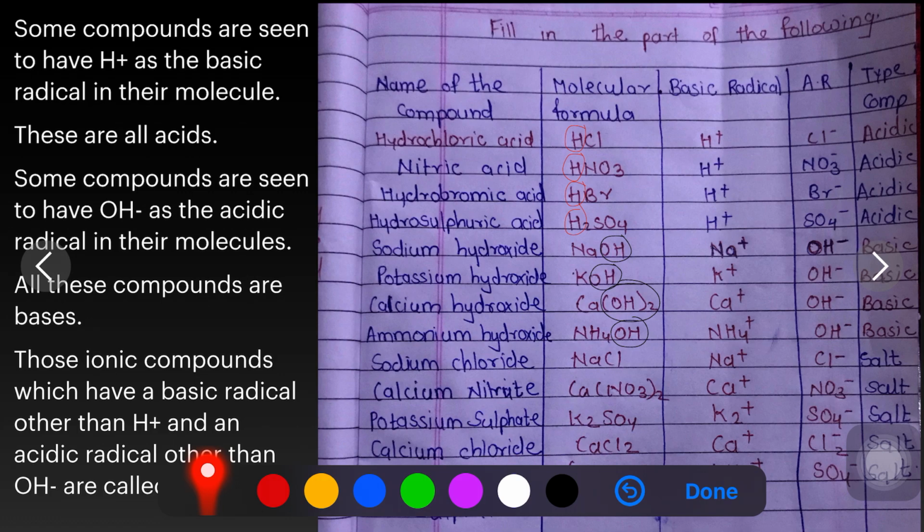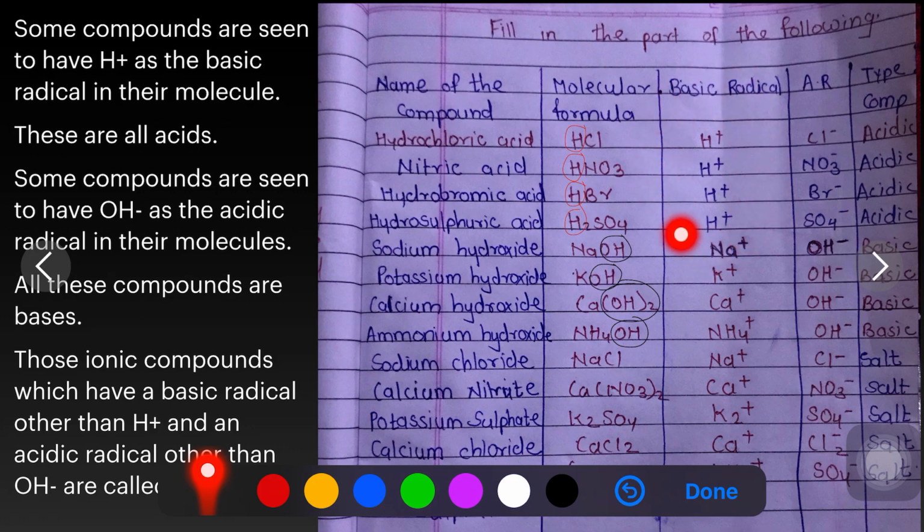Now students, how will you come to know whether the substance is acidic or basic? For example, if the solution has H plus ion, as you can see in HCl, HNO3, HBr, H2SO4, these four compounds will have H plus as a basic radical. Are you getting it?